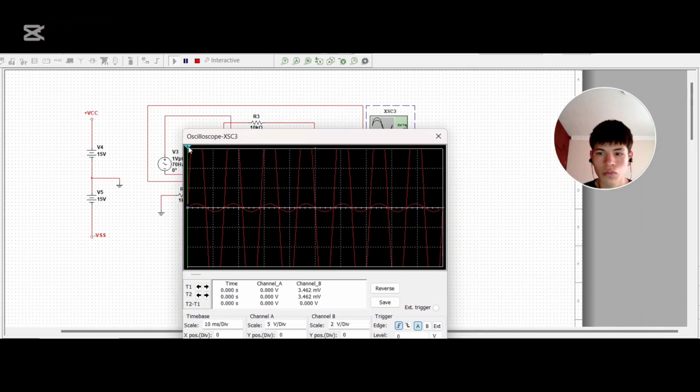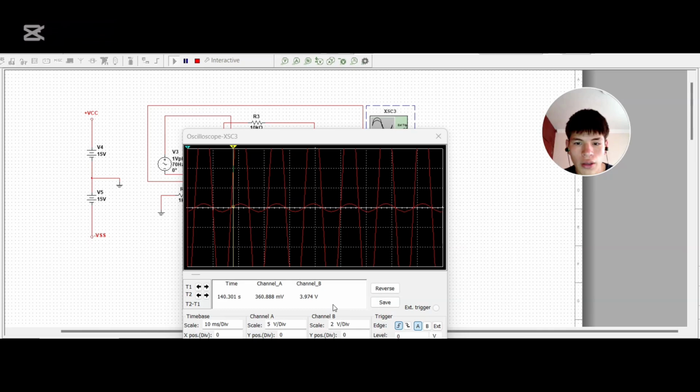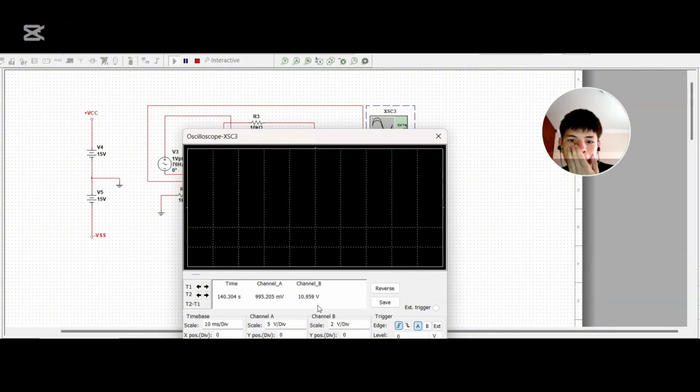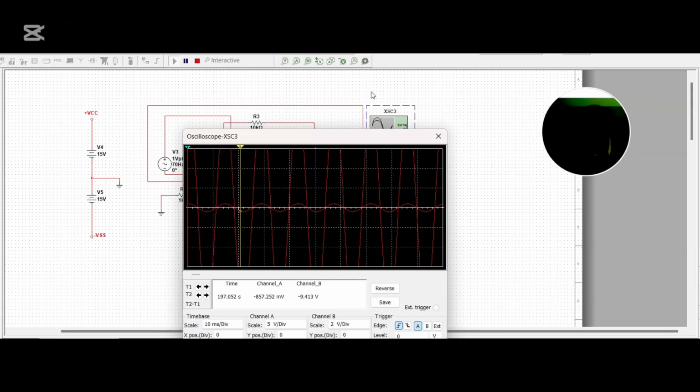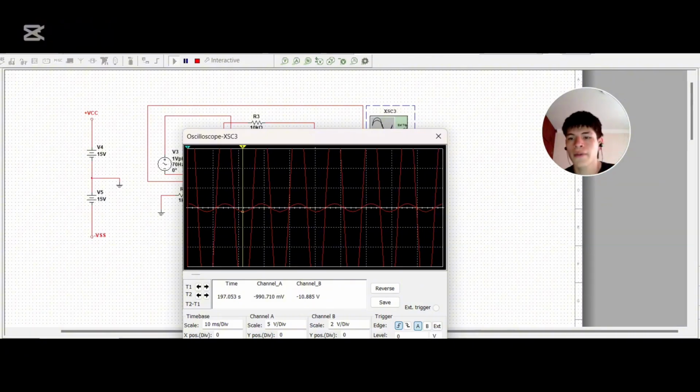We observed, when I move this line in the second channel, the voltage is 10.959, approximately 11. When this voltage appears, which is an approximation, we can see the input and output in the negative port in the second channel. And this is the first configuration.